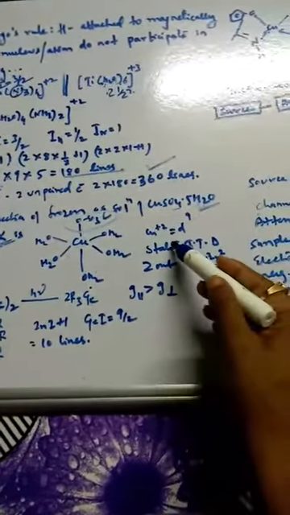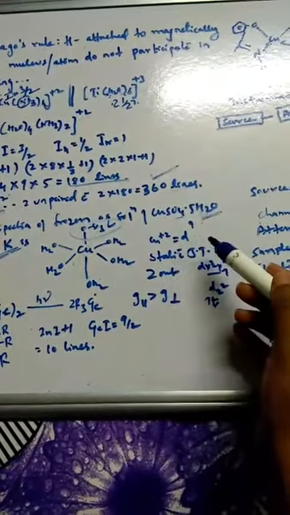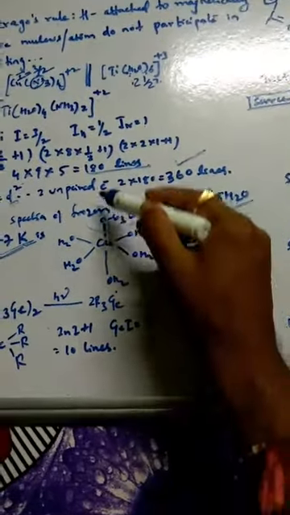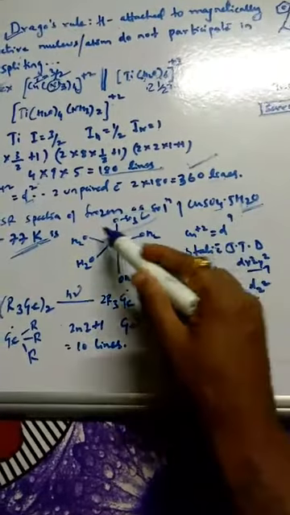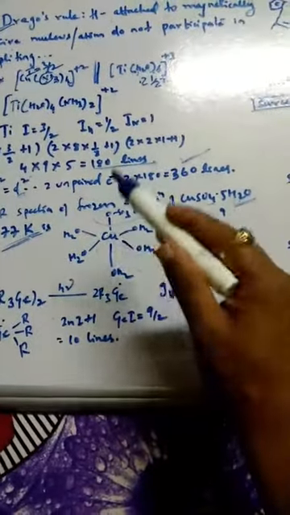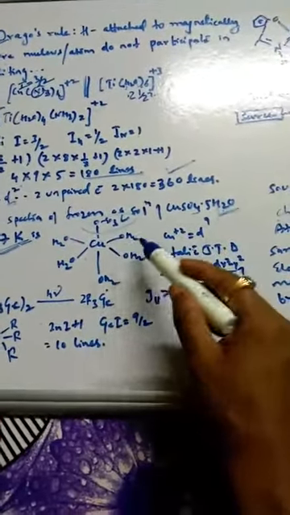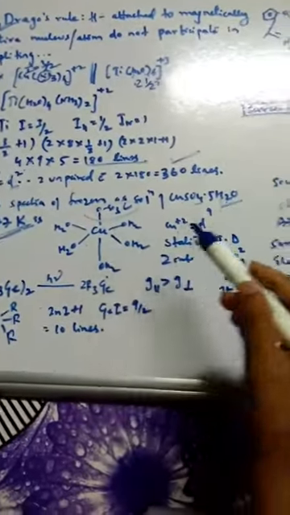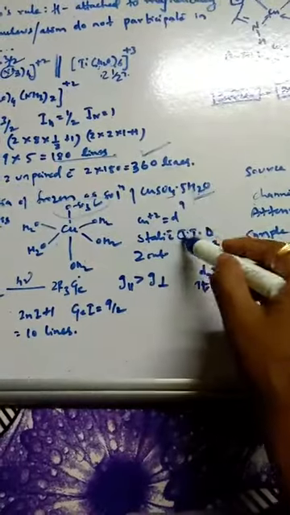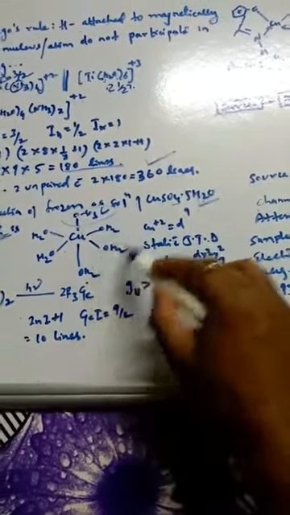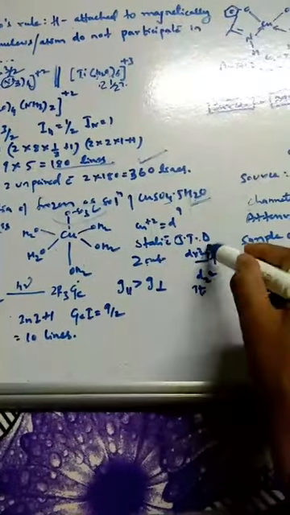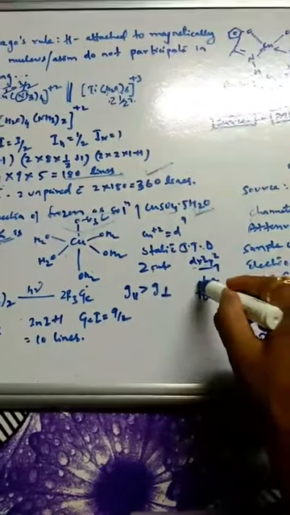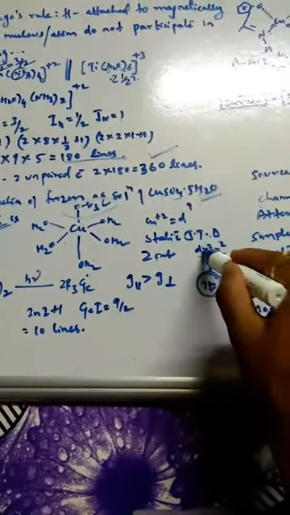Since it is static, what will happen? How will the g value be here? The g value in static is z-out. If you see here, it is elongated: the axial bonds are elongated and the equatorial bonds are z-in because of the Jahn-Teller distortion. In this case it is static, and since it is z-out, dx2-y2 will have the highest energy compared to dz2, and dz2 has 2 electrons while dx2-y2 has 1 electron.